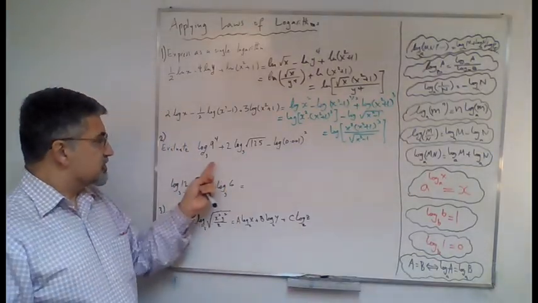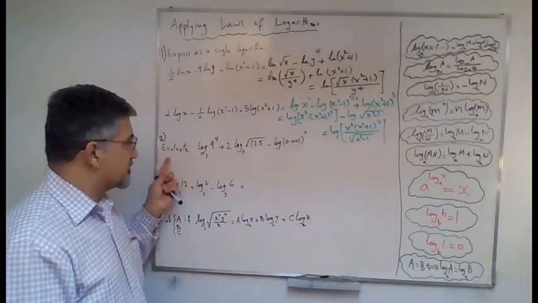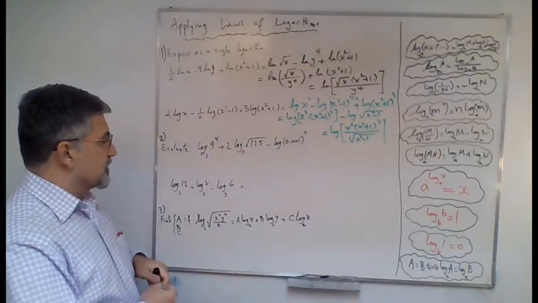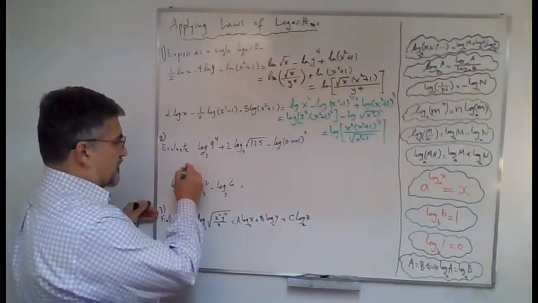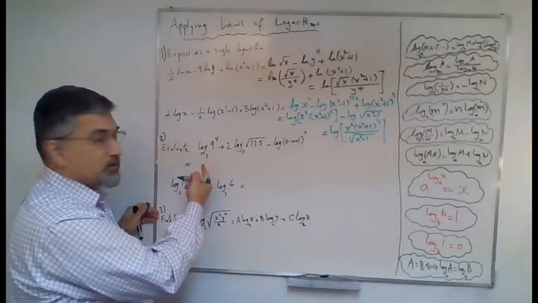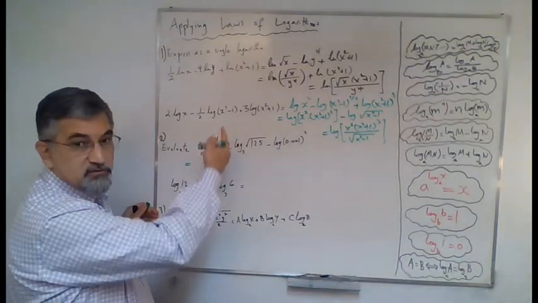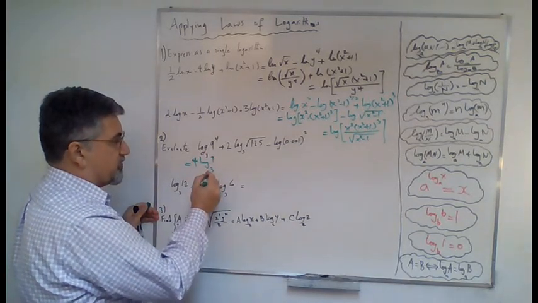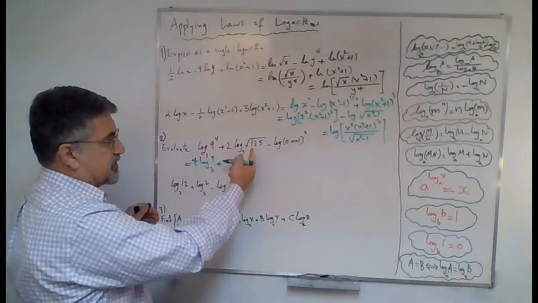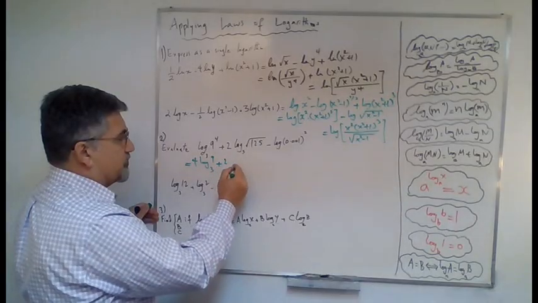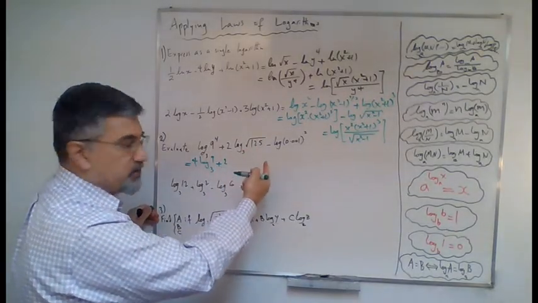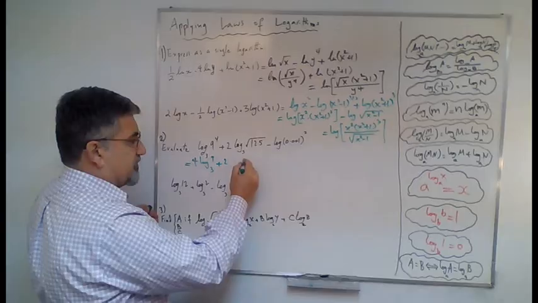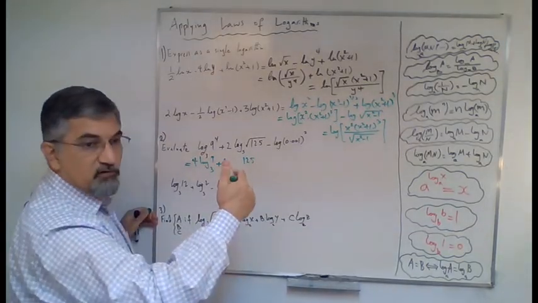Next question is an evaluating question. We need to evaluate this expression. So again, we're going to use the laws of logarithm. Log of 9 to the exponent of 4 becomes 4 times log of 9 base 3, plus this one is going to be 2. And then you know that square root of 125 is actually 125 to the exponent of 1/2.